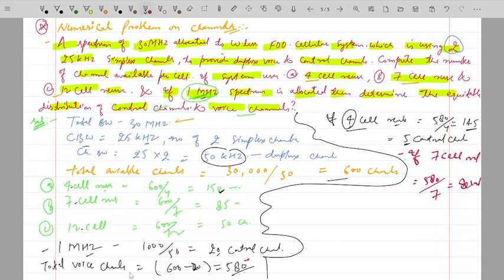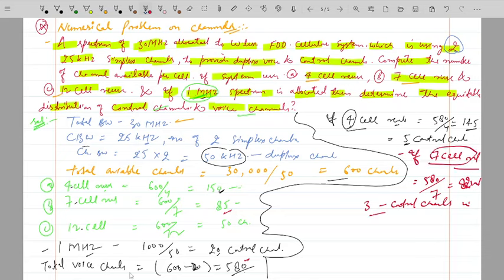And if we divide the whole 600 channels by 7, then we will get 85. So here 82 are the voice channels, and the other 3 are the control channels in case of this 7 cell reuse system.